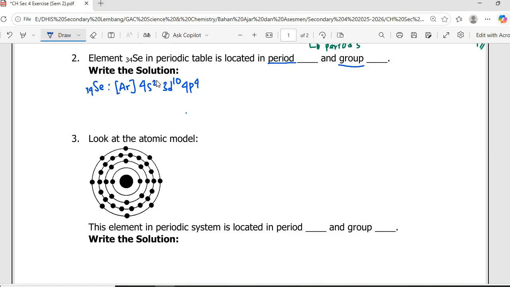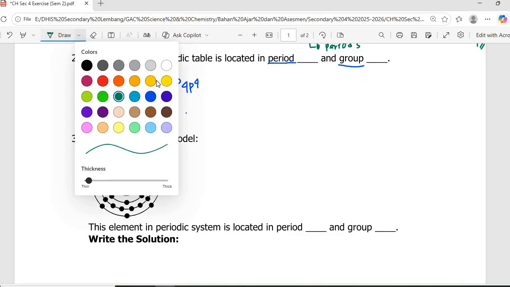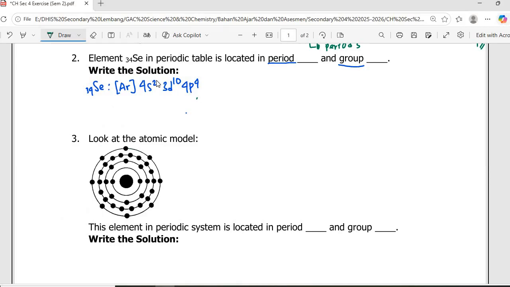Okay, next, after that we also determine the valence electrons. The valence electron is for p4, and look at the previous configuration. There is also a 4 coefficient in here.